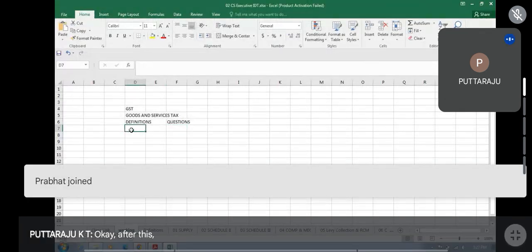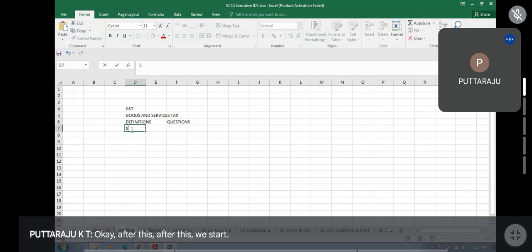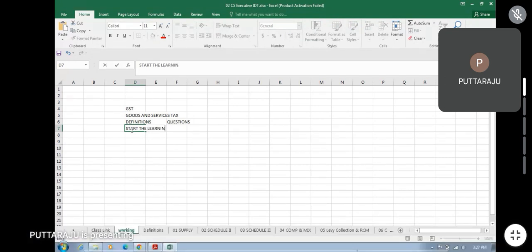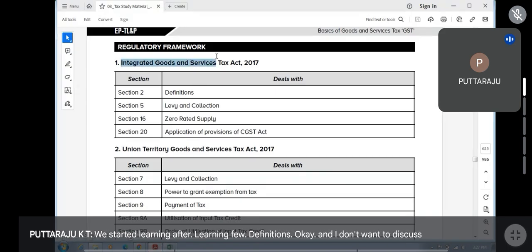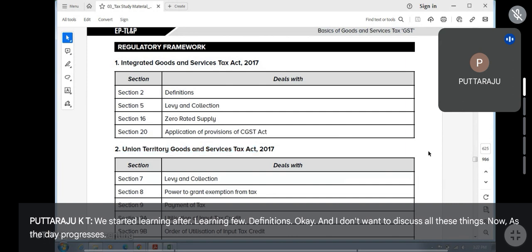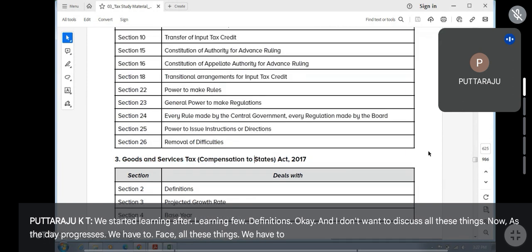After this, we start learning, after learning a few definitions. And I don't want to discuss all these things now. As the day progresses, we have to face all these things. We have to learn.